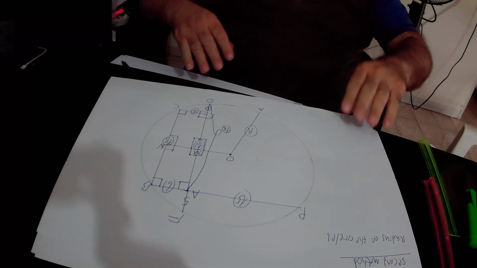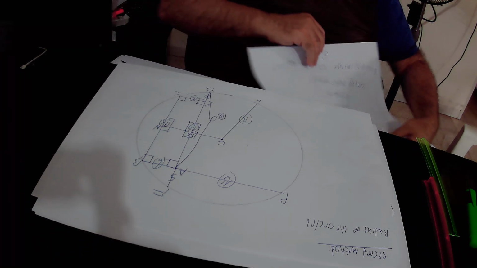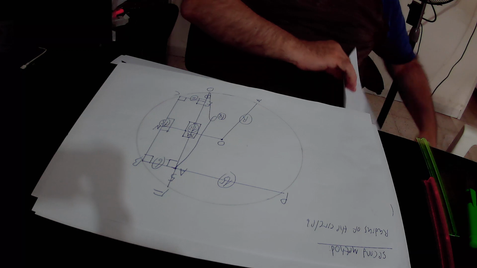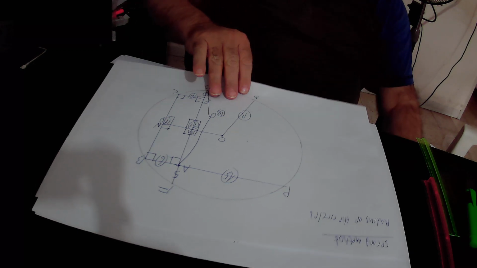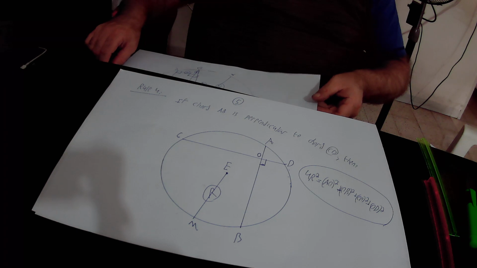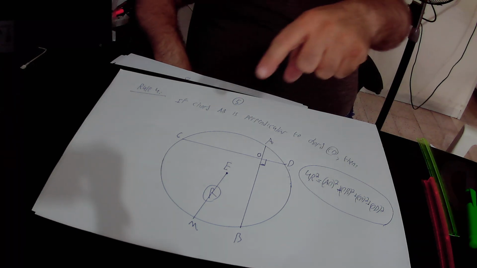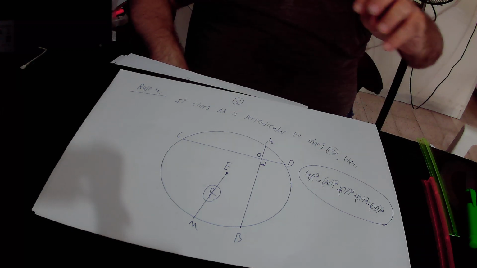Now I presented to you a new rule, and we implemented the new rule in our drawing. This is actually rule number 4. Whenever we have two chords that are perpendicular to each other, we can find the radius of the circle according to this formula.